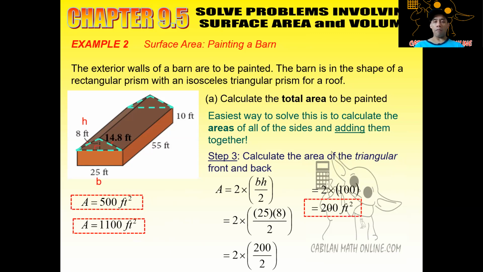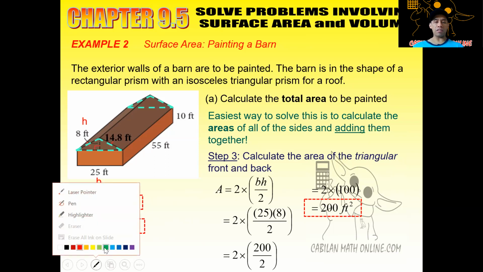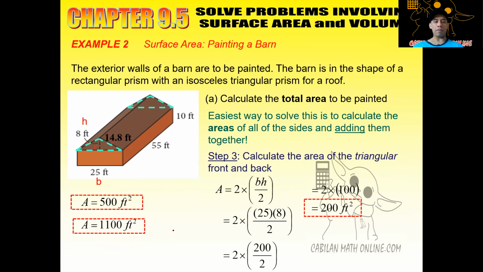For those that didn't see it right away, we have 4 calculations specifically. We can actually reduce this into 1. If you take a look at the 2 2s on the right side here, and I'm going to use just a red pen here, when I multiply this 2 by the base times height divided by 2, these 2 2s actually cancel out.